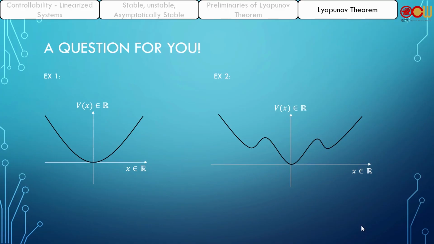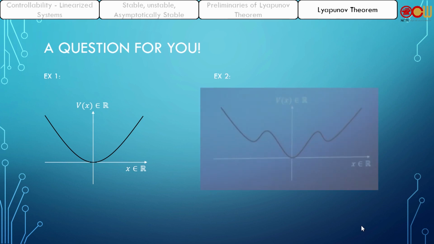So a question for you: this is PD, right? But what if you choose a Lyapunov function that is PSD? This is also PD, since it's only zero at zero and nonzero elsewhere. But if you choose this kind of Lyapunov function, you will be in trouble, because how many minima do you have?